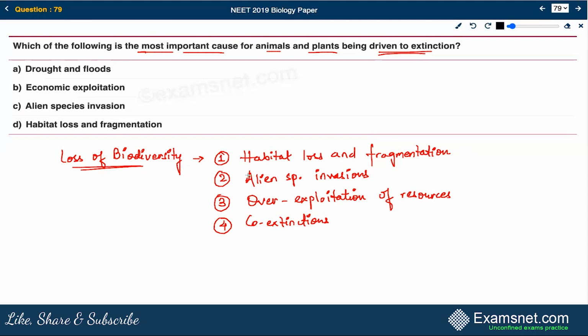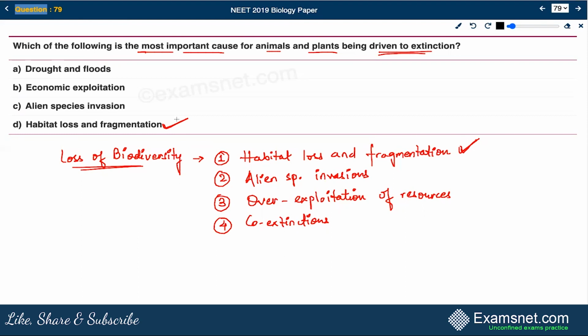All right. So out of all these four statements, the very first important statement is habitat loss and fragmentation. This is the prime cause. So option D is considered to be the correct answer. Habitat loss basically means that the natural habitat of plants and animals is lost because of urbanization, or industrialization, or any other purpose that humans use.